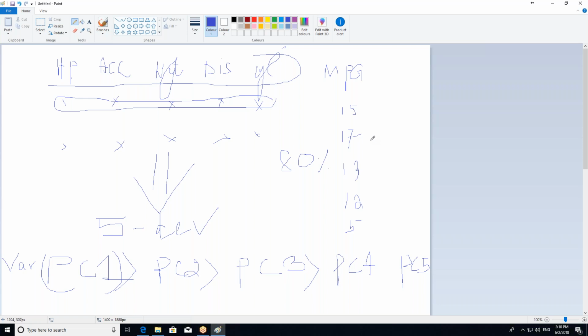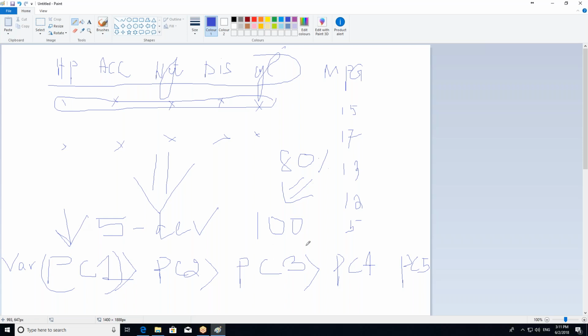This 80% will be explained by all these PCs, but the first PC will explain the highest variation, followed by the second, third, and fourth. What I can do is take only a limited number of PCs which almost explain the total variation. Now my 80% I can take as 100% for this model.